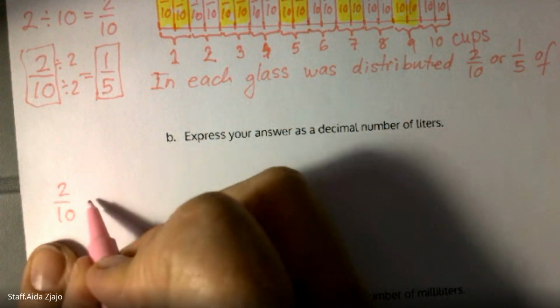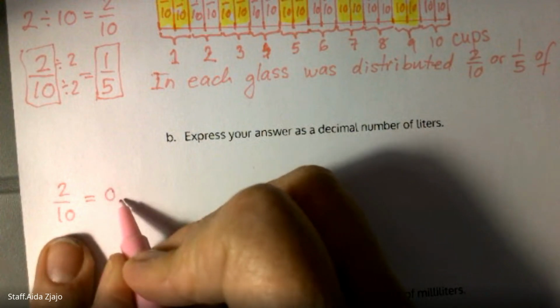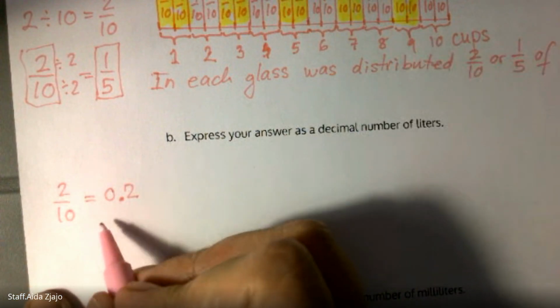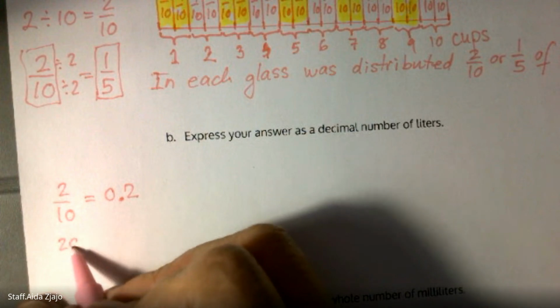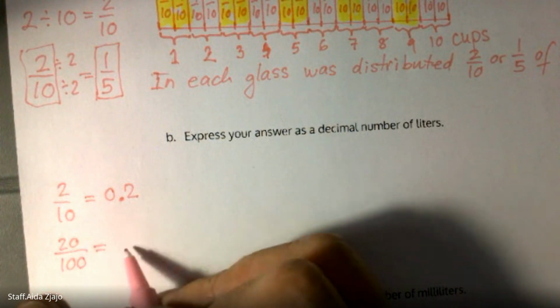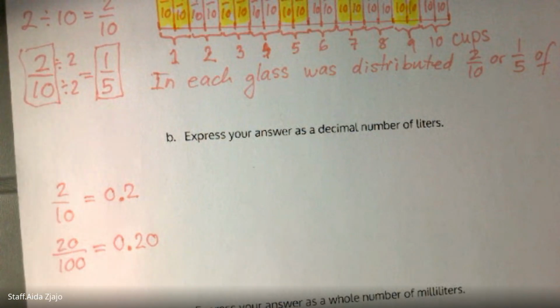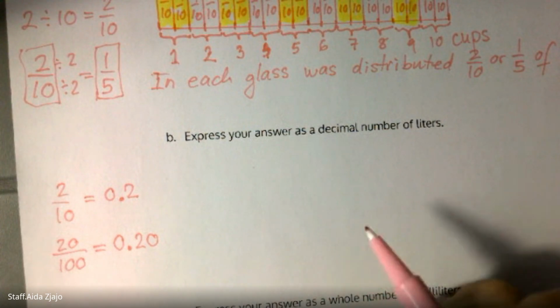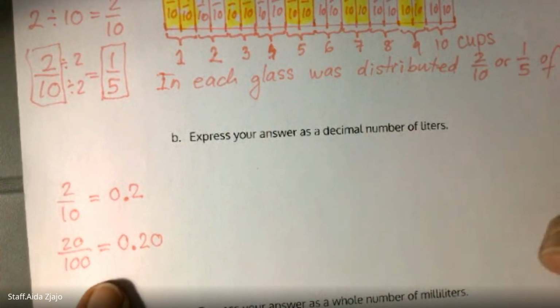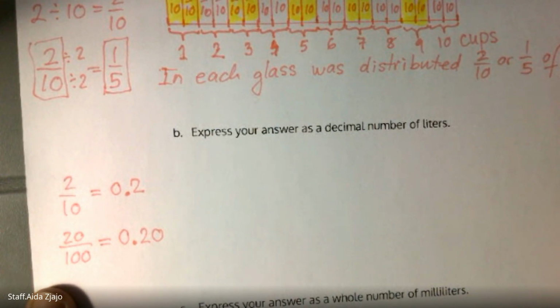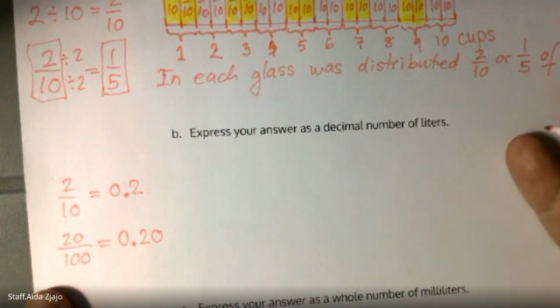So one of the answers would be 0 wholes and 2/10. And if I think that 2/10 is the same as 20 hundredths of the liter, I can say also that 2/10 is the same as 20 hundredths of the liter. I also can represent that in milliliters, because 1,000 milliliters represents 1 liter.